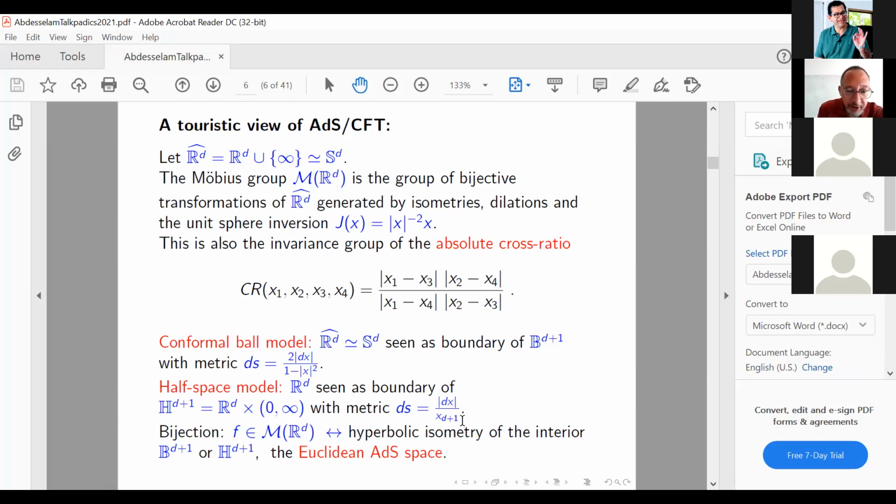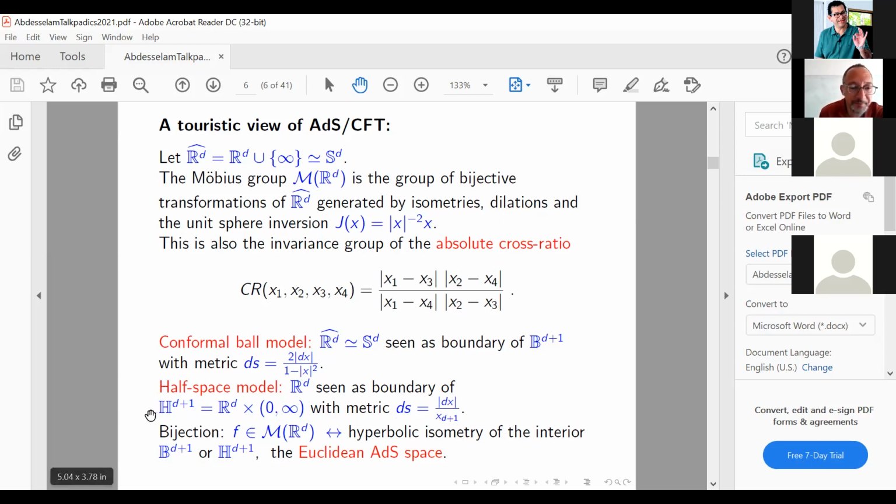And a remarkable fact from geometry is that there is a one-to-one correspondence between elements of this conformal group, the Mobius group, and isometries of this extended space, either the ball or the half space.